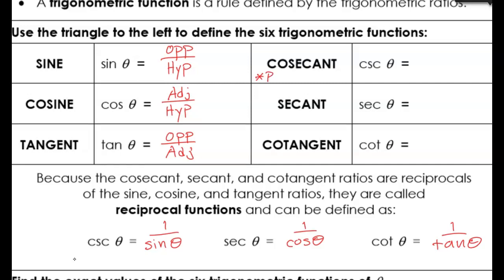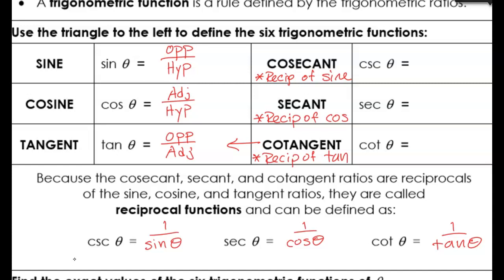So I'll even write that here. Reciprocal of sine. Reciprocal of cosine. And reciprocal of tangent. Cotangent is really easy to remember, it goes with tangent. The other two kind of get me mixed up, and I have the hardest time remembering. Cosecant goes with which one?